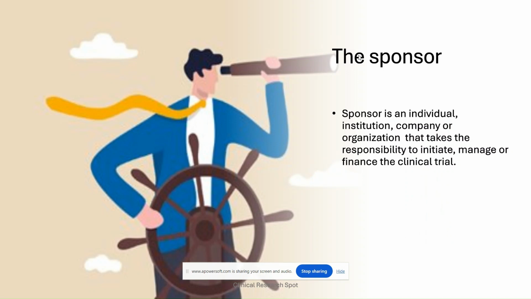These clinical trials can be sponsored or funded by pharmaceutical companies, academic medical centers, voluntary groups, and other organizations. So, physicians, healthcare providers, and other individuals can also sponsor the clinical trial.